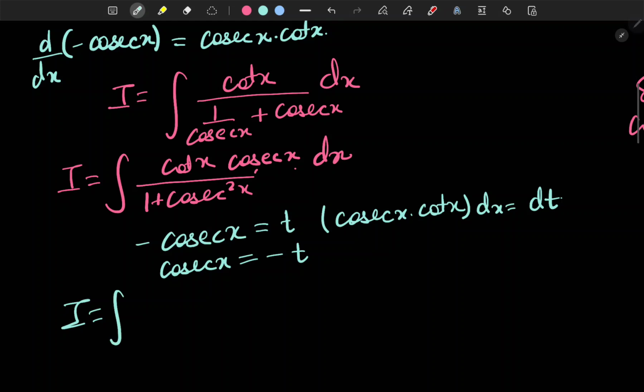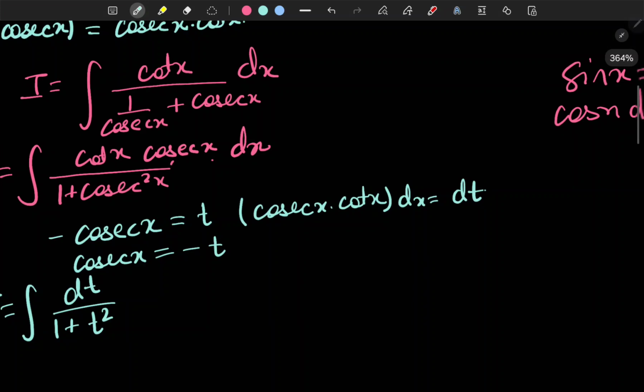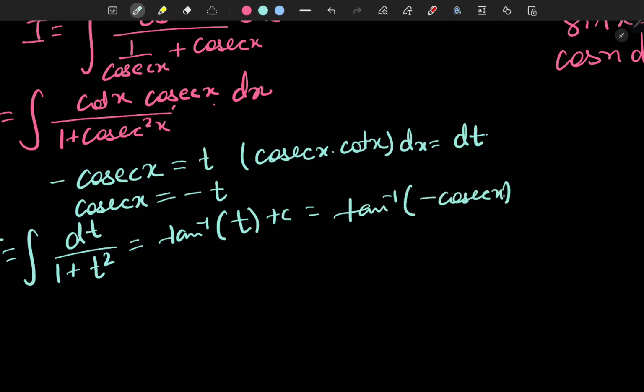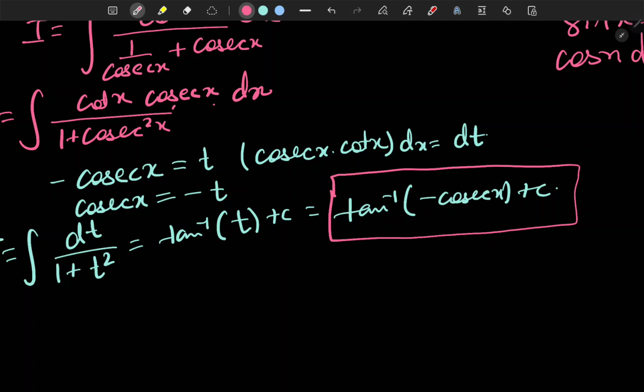So I is the integral of dt over 1 plus t squared, because squaring both sides cancels out the negative. So again we have tangent inverse of t plus c, which is tan inverse of negative cosec of x plus c. So I'm having two different answers.